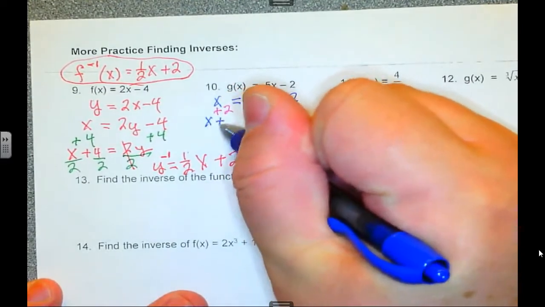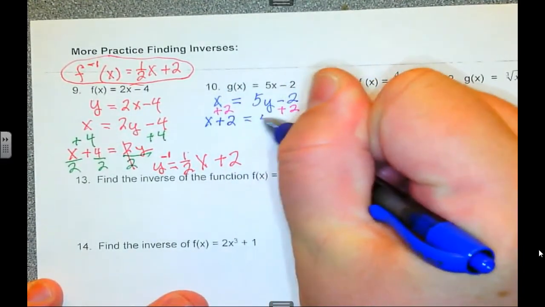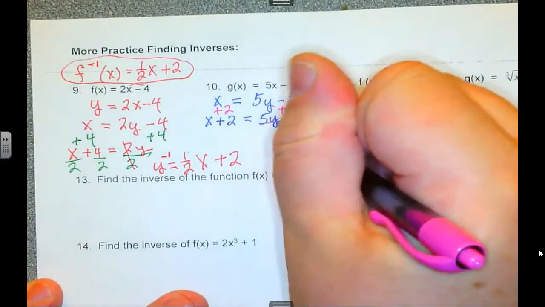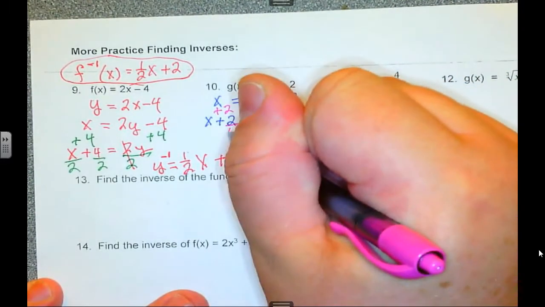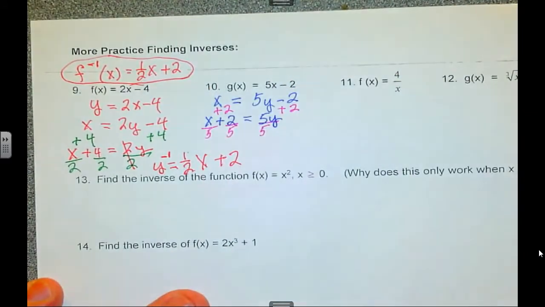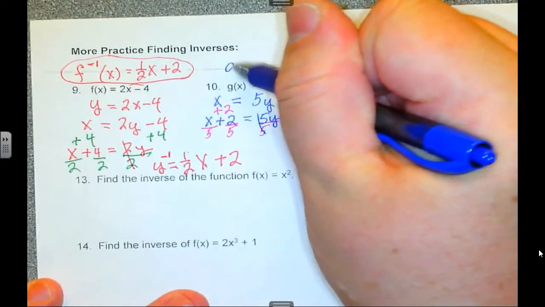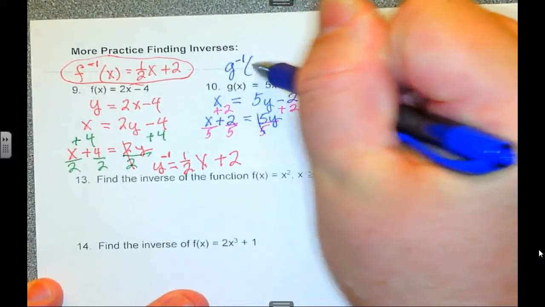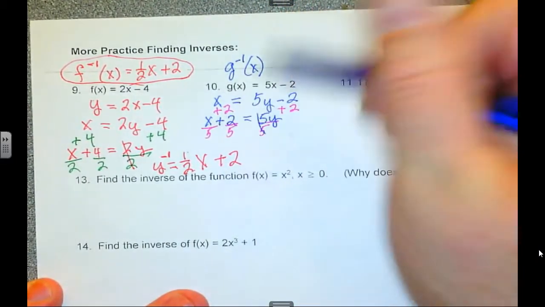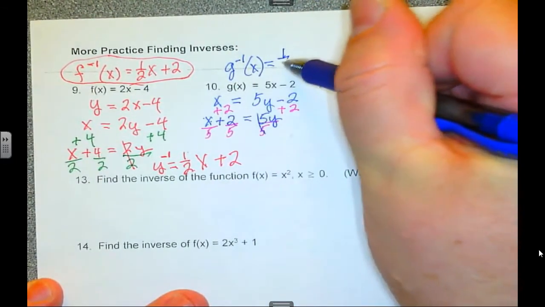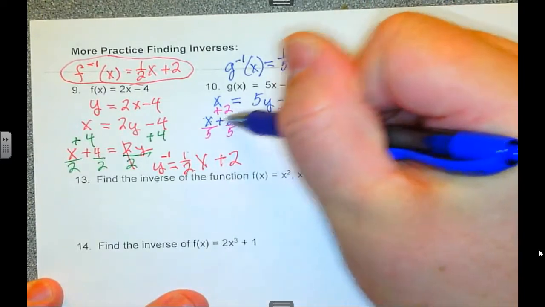So I have x plus 2 equals 5y. Divide every term by 5. So the g inverse of x is going to equal 1/5 x plus 2/5.